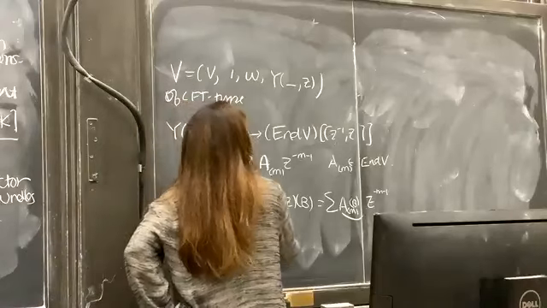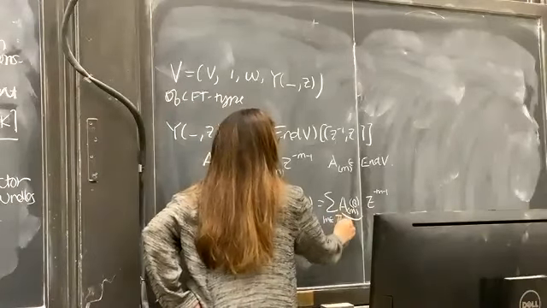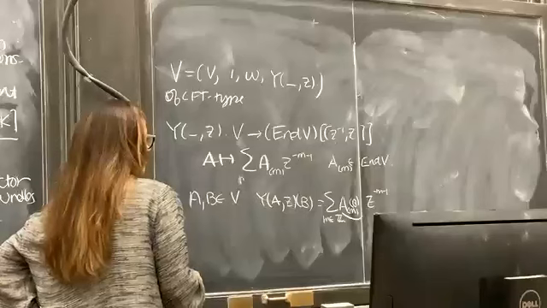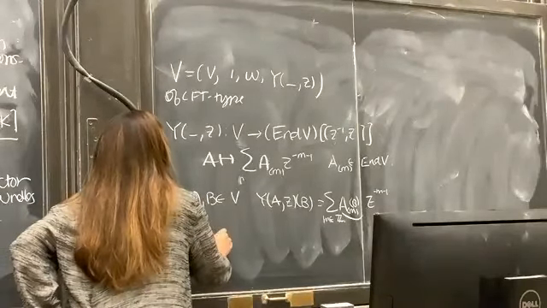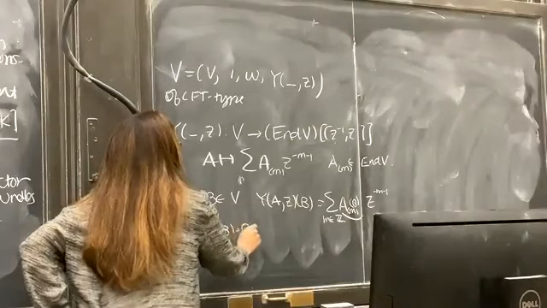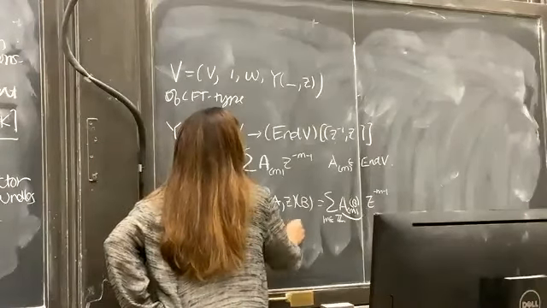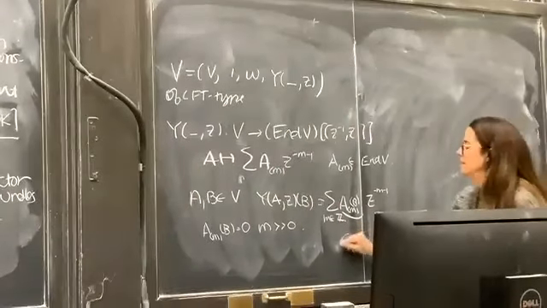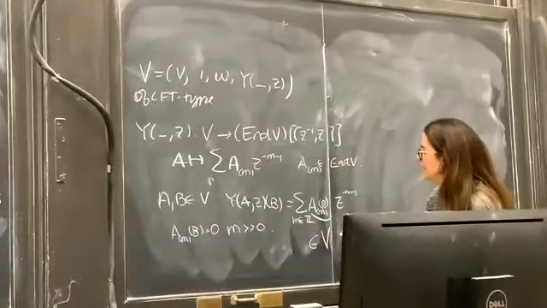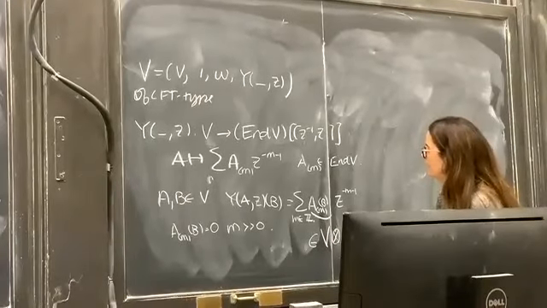This funny indexing is the standard. What you know is that A_m of B is 0 if m is large enough. So these are really Laurent series. So you can think about these as being in V((z)).